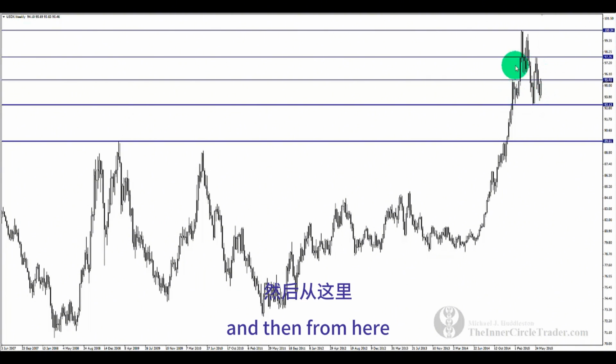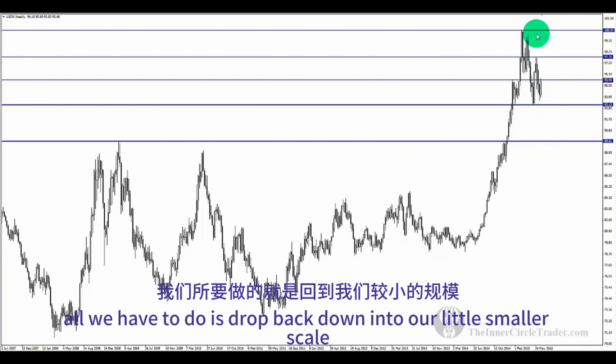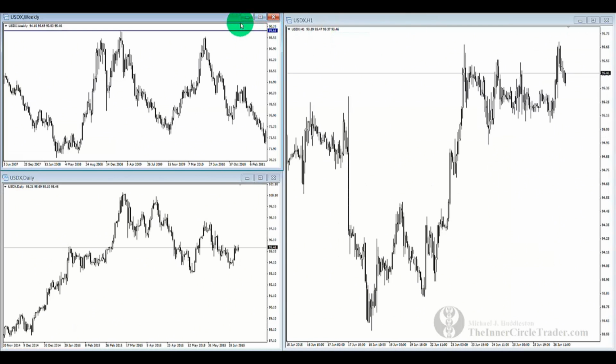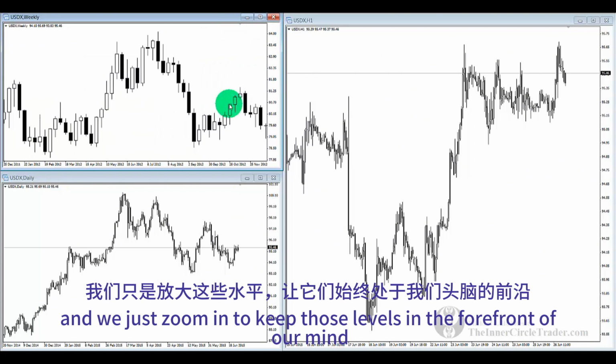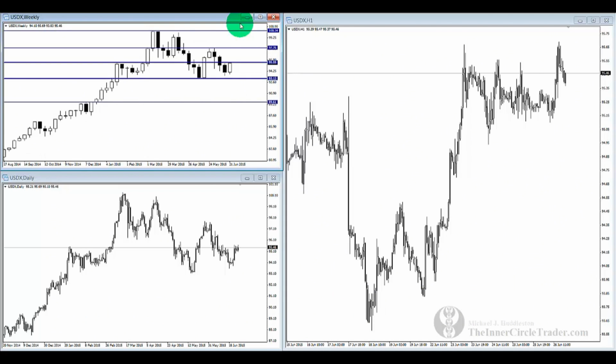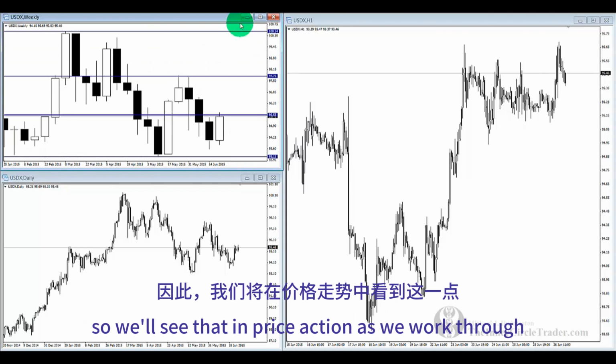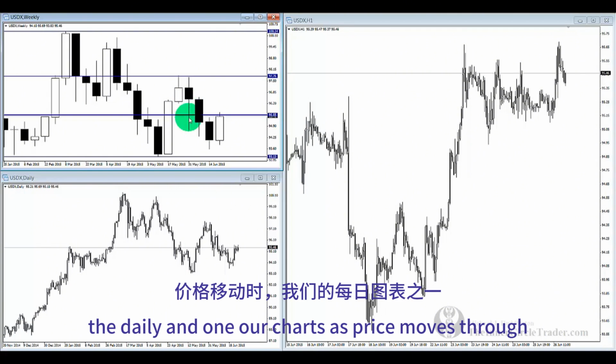Then from here all we have to do is drop back down into our smaller scale, and we'll have these levels in mind. We just zoom in to keep those levels in the forefront of our mind, so we'll see that in price action as we work through the daily and 1 hour charts as price moves through.